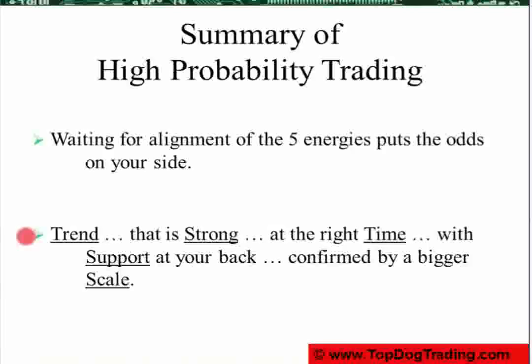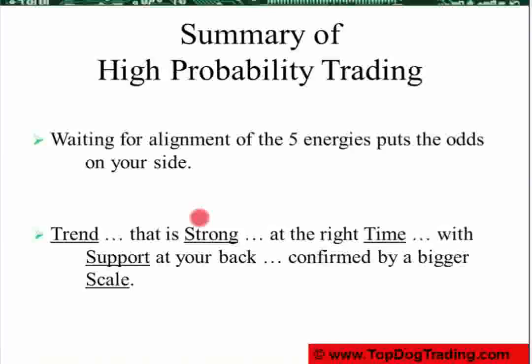Obviously I add to this money management and so forth, but it can all be pretty much summarized in this. Number 1, we're looking for trend. Are we looking to buy or sell? Is there even a trend? If there is, and I've decided which direction I want to trade in, the next question is: is it a strong trend or a weak trend? That's energy number 2, momentum.